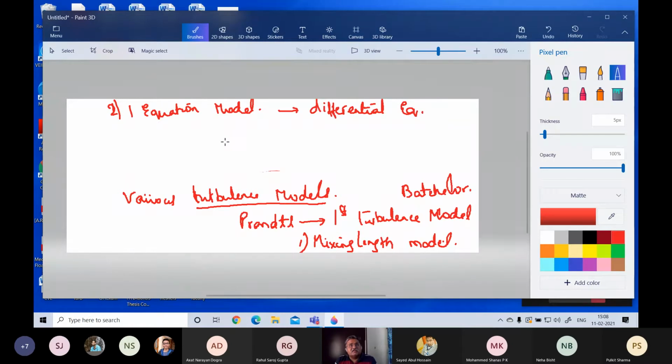The one equation model is a type of modeling methodology which uses one differential equation for k, the turbulent kinetic energy, and then you need some other methodology to determine L, which is known as the mixing length, the integral length scale in turbulence.